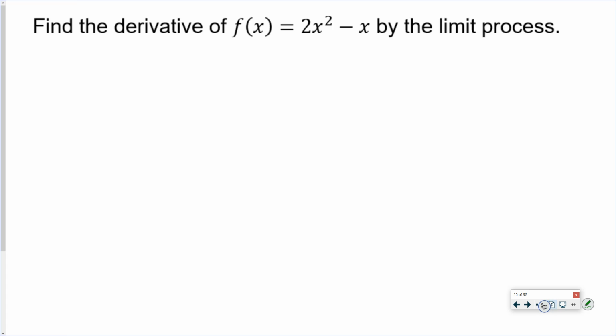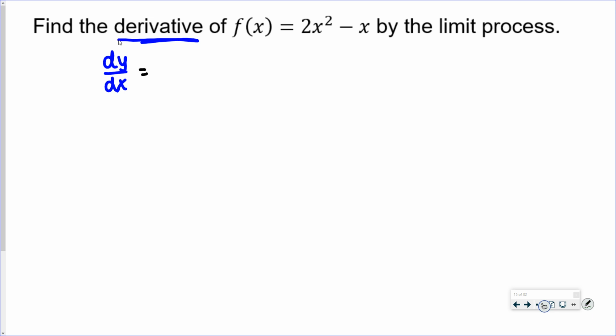Find the derivative of f of x, which in this case I have 2x squared minus x, by the limit process. All right, I'm going to throw a different notation at you this time. Instead of finding f prime of x, let's find dy dx. And that's the same thing.